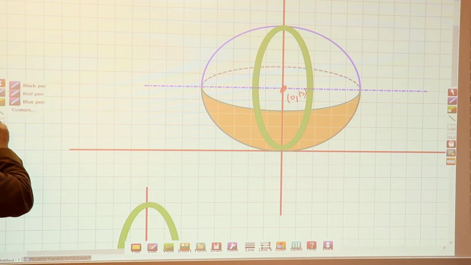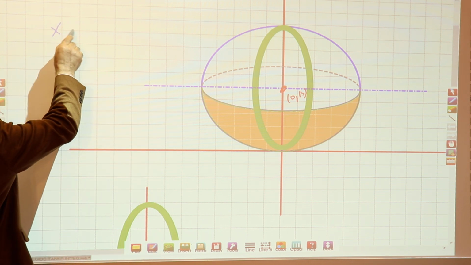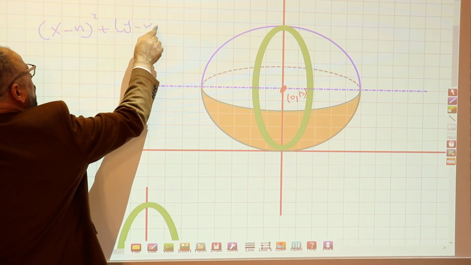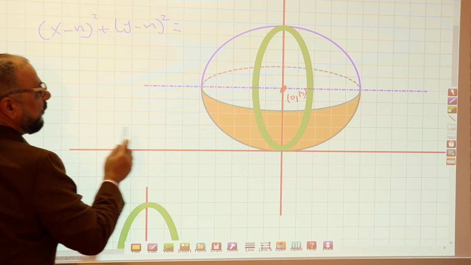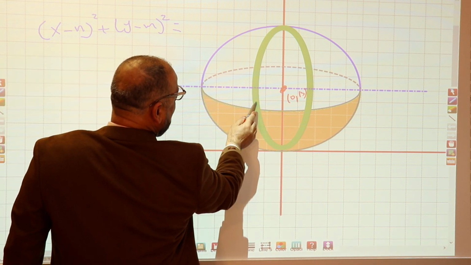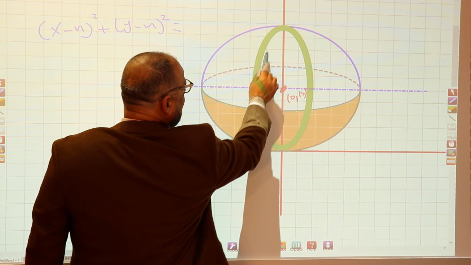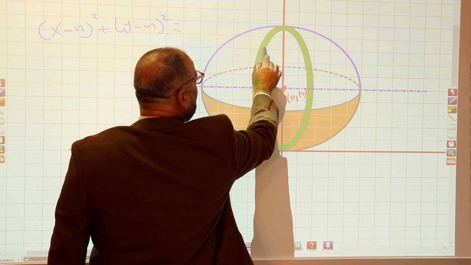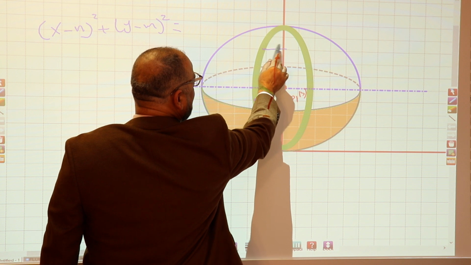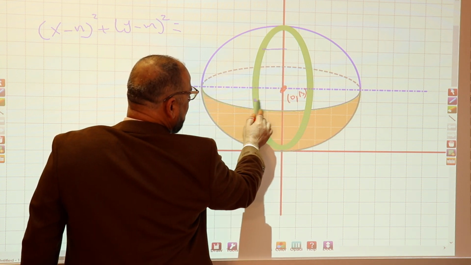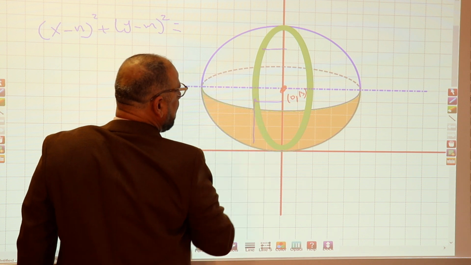The equation of the circle from yesterday: x minus n squared plus y minus m squared. We have x and y. At any point here we have x and y. Here, at this cross section, the x and the y come all the way down, right? At this point, x is more and y is less.